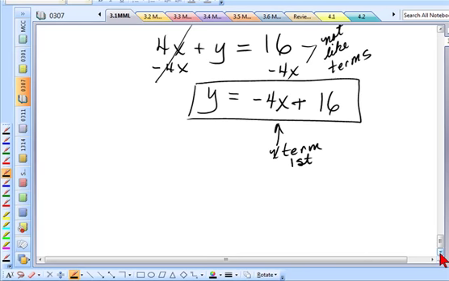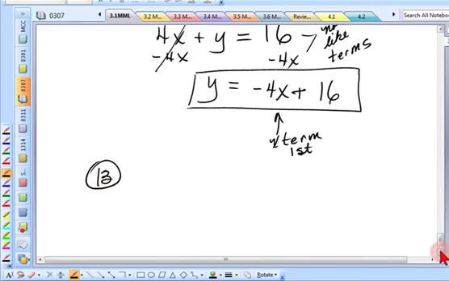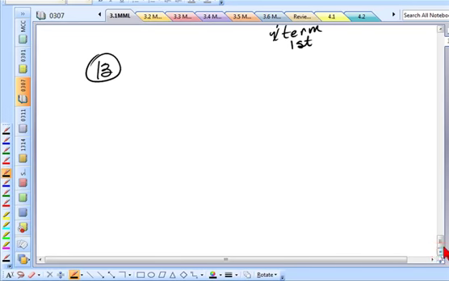Okay, let's look at another one. We're still solving for y, and the equation is 4x plus 7y is 28. Now what am I solving for? The y.